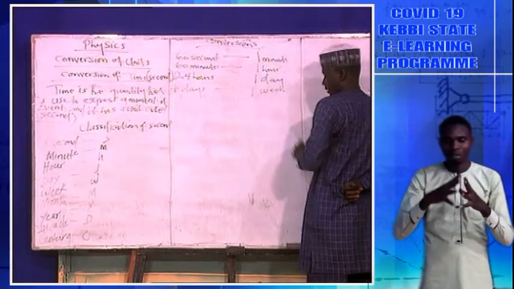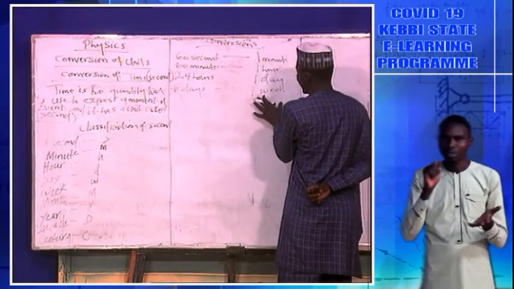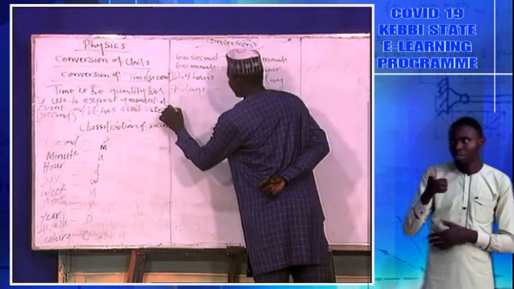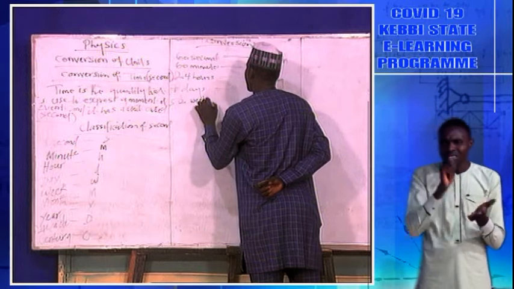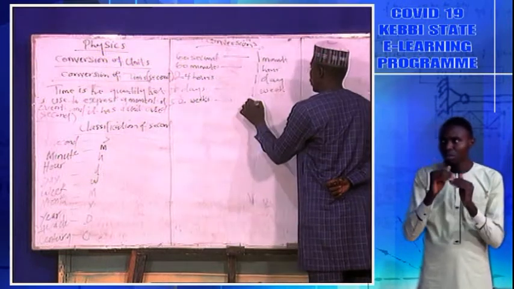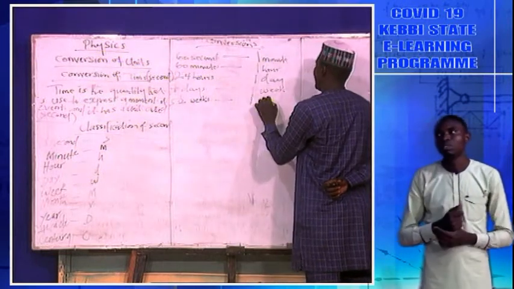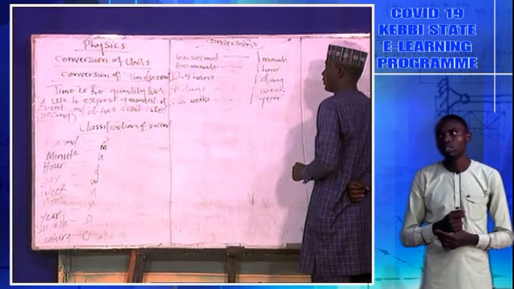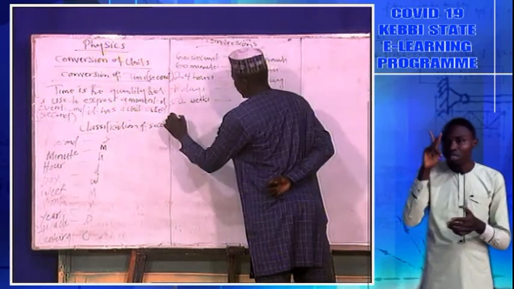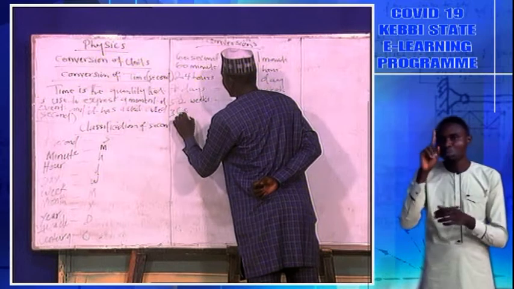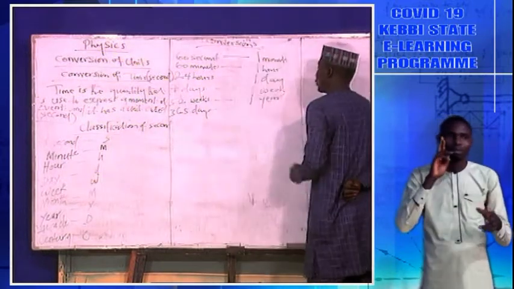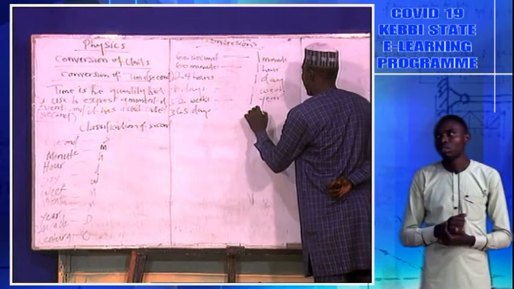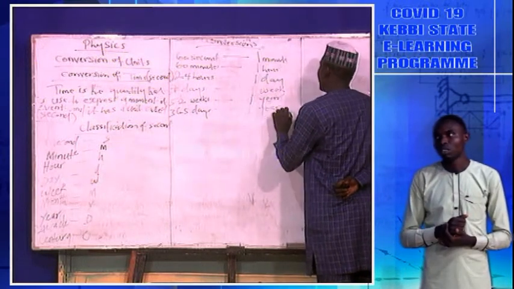week. And also in terms of week, we have 52 weeks make 1 year. In terms of days, we have 365 days will also make 1 year again.